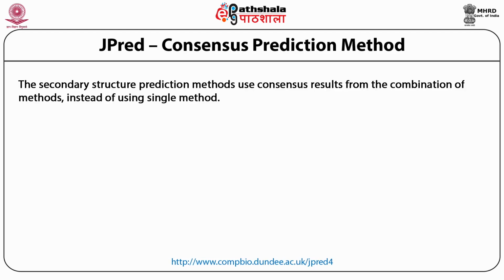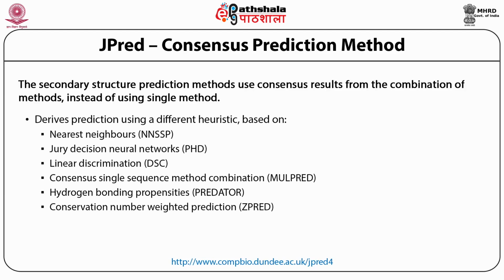JPRED is such a consensus secondary structure prediction method which derives predictions using different heuristics based on nearest neighbors, jury decision neural networks, linear discrimination, consensus single sequence method combination, hydrogen bond propensities, and conservation number weighted predictions.